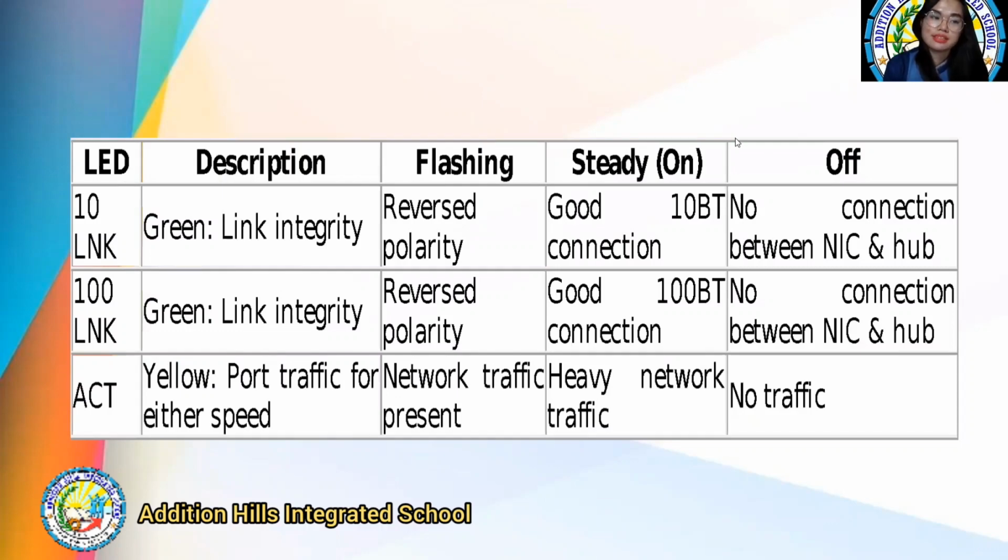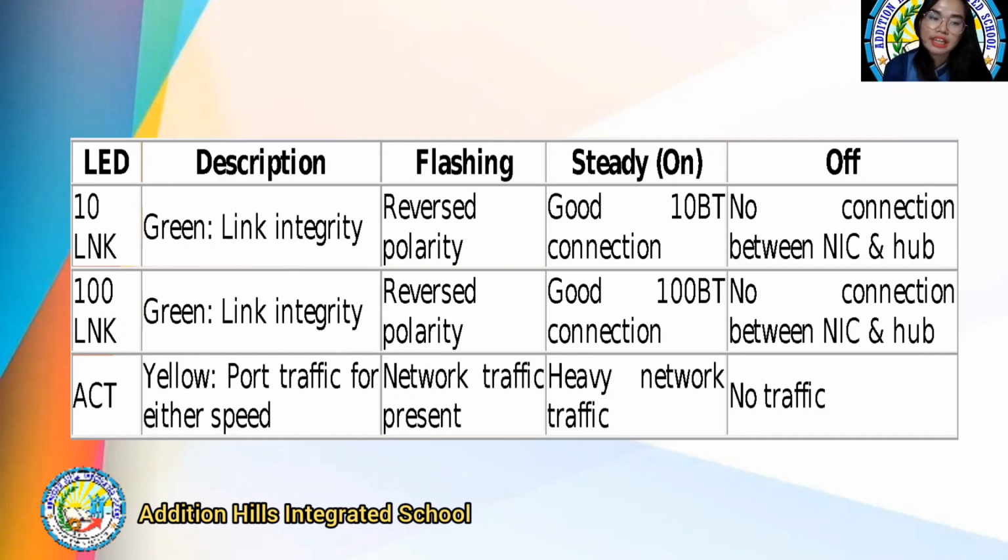The first LED is 10 LNK. The description is green, link integrity. Flashing means reverse polarity. Steady on means a good 10BT connection. Off means no connection between the NIC and hub.